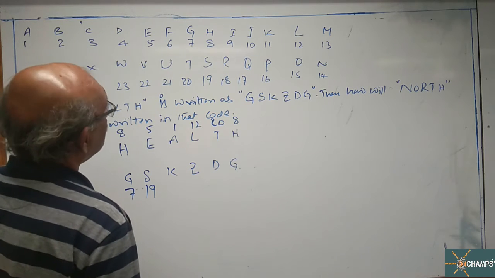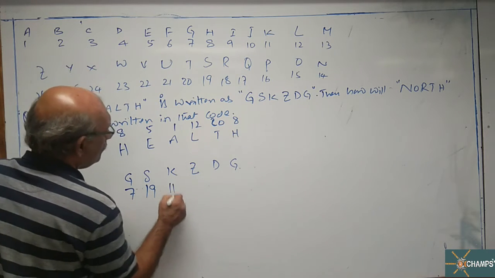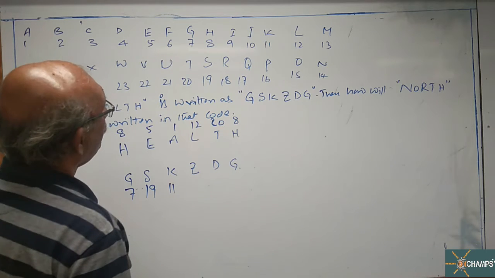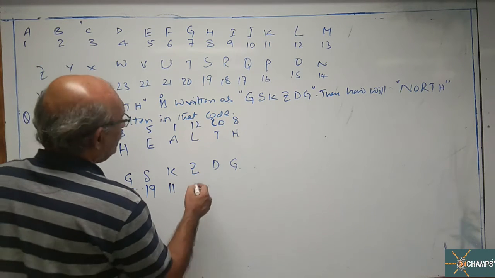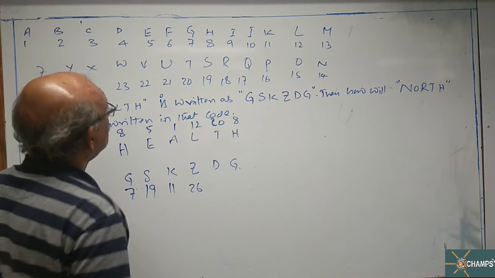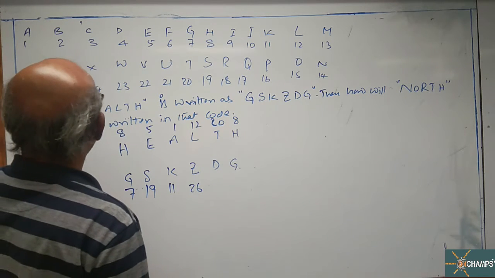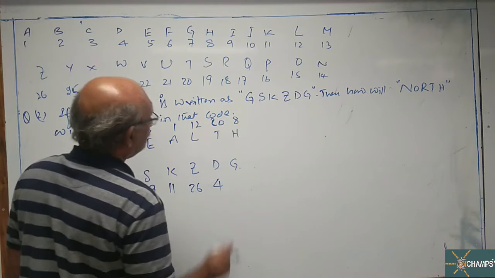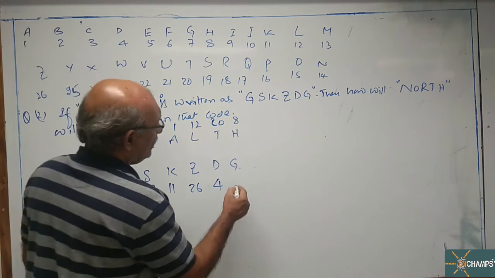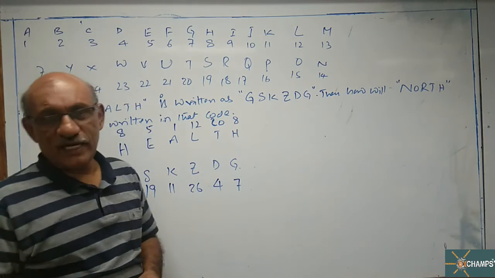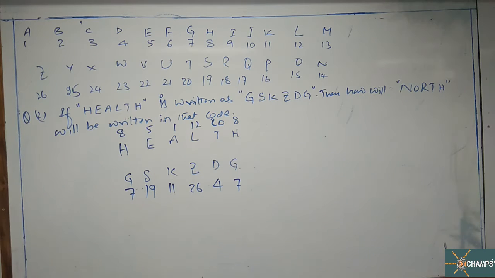K is 11. Z is 26. Then D is 4. And G is 7. Okay, sir.